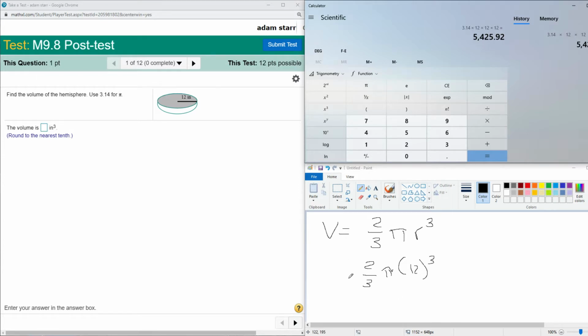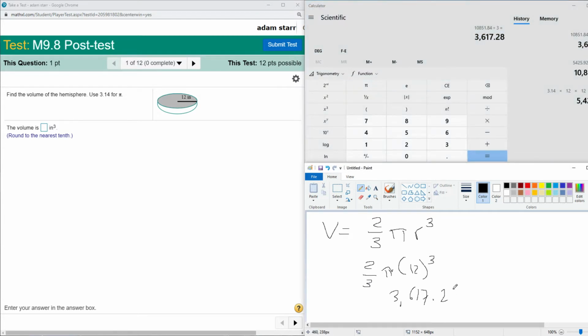And then I have this 2/3. So to do this 2/3, I'm going to multiply it by 2 and then divide it by 3. So multiply by 2, then divide by 3. We'll multiply it by 2/3, and I get 3,617.28. But again, we have to read how it wants it rounded.